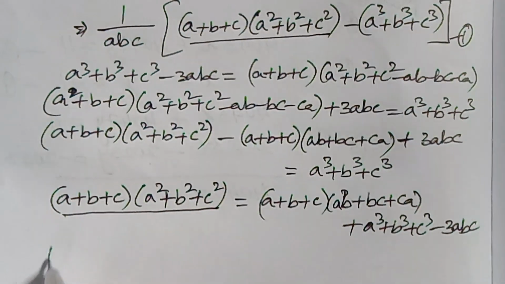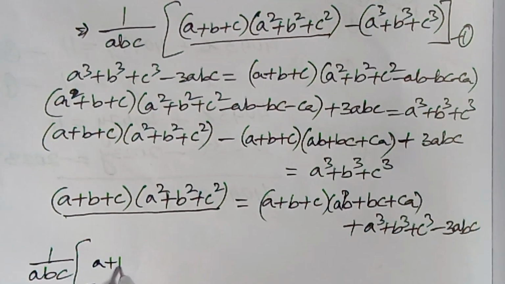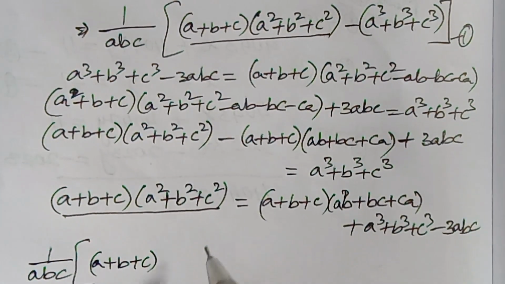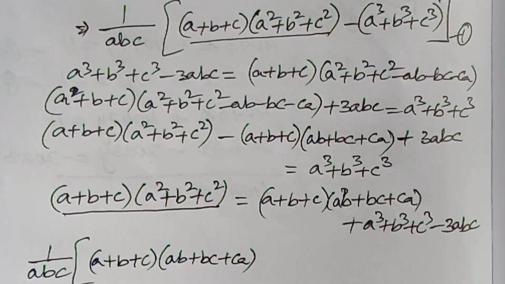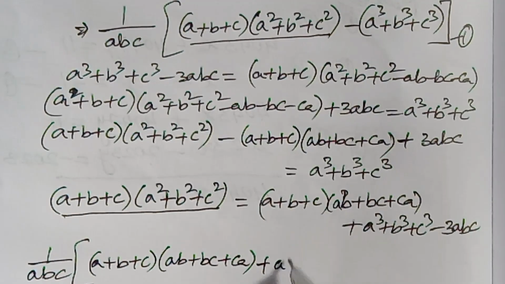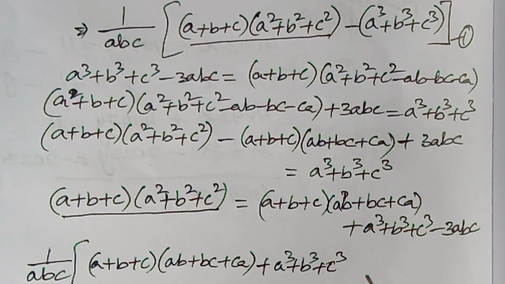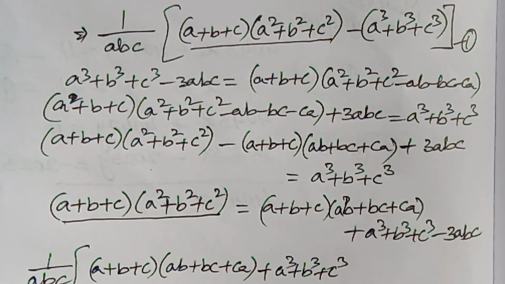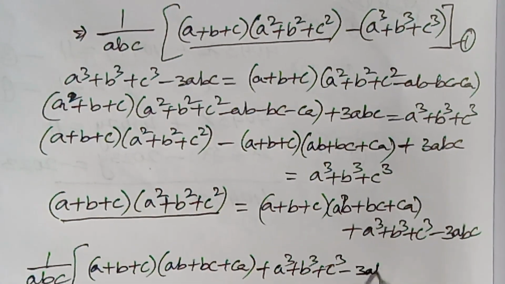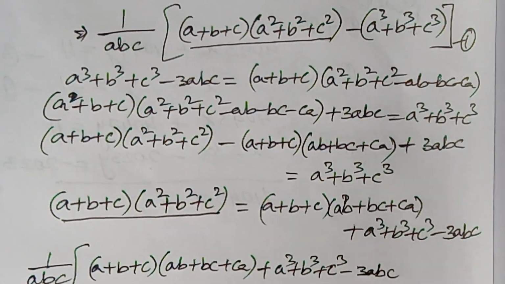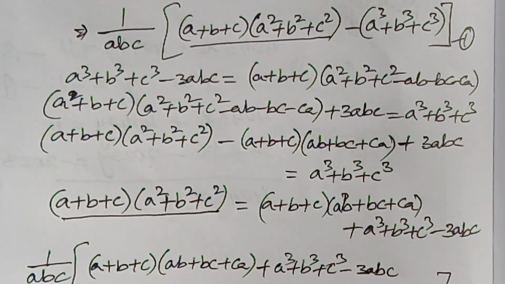What we get here is 1 by abc into (a plus b plus c) into (ab plus bc plus ca) plus a cube plus b cube plus c cube minus 3abc minus a cube minus b cube minus c cube.